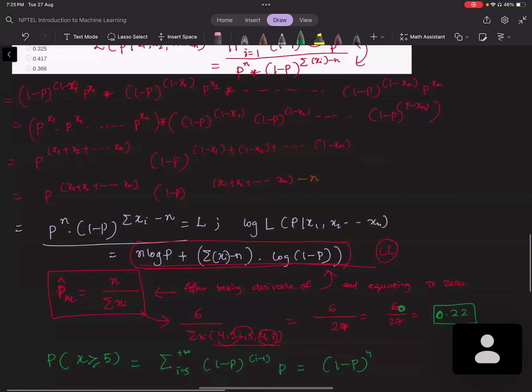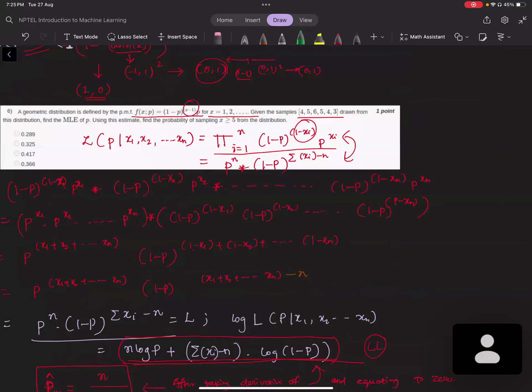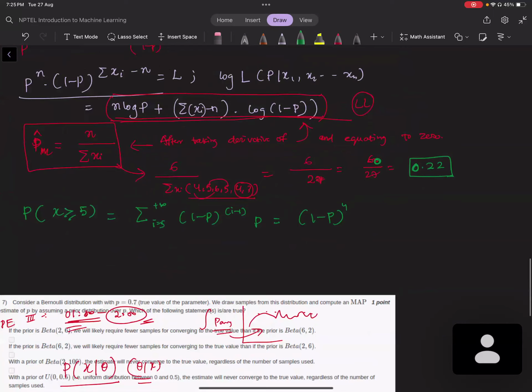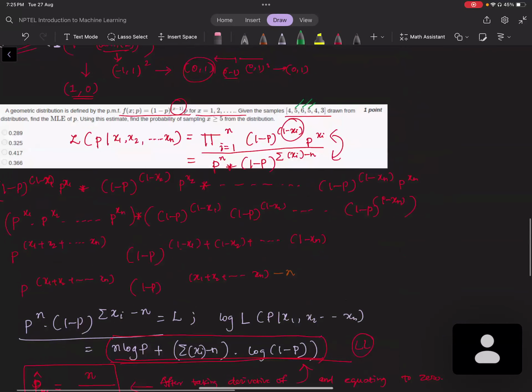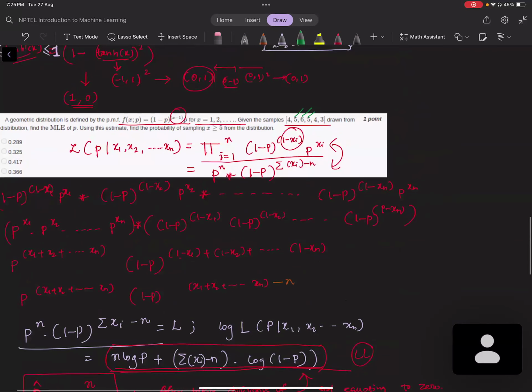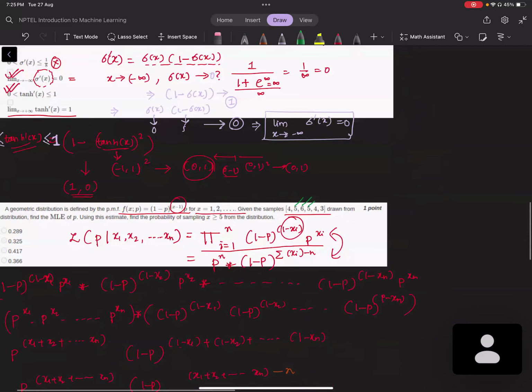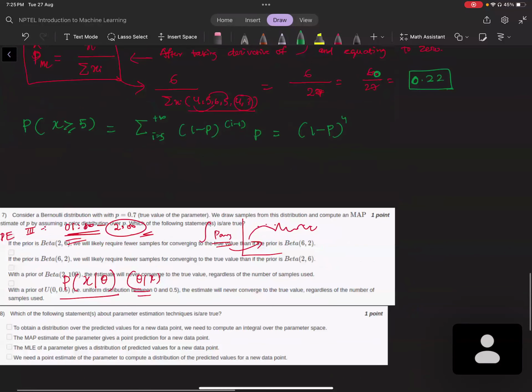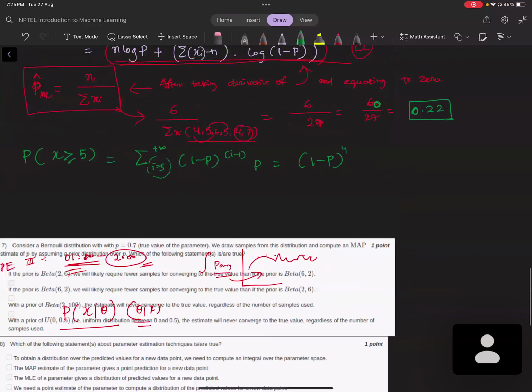Why the power 4? Because we have 4 values that are greater than or equal to 5. 1, 2, 3. Oh no, it is 3. Sorry. So it's this. I is starting from 5, right? It is 5 minus 1, 4.